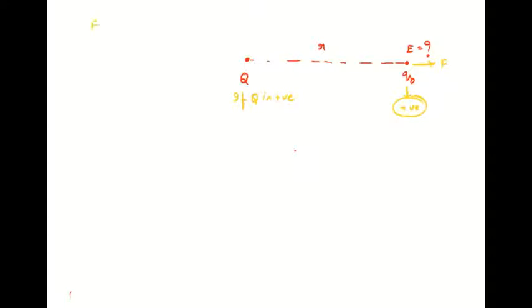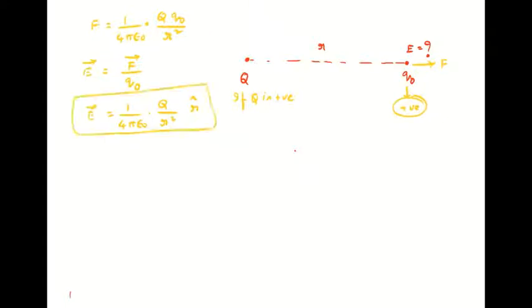Therefore, force F equals 1 by 4 pi epsilon naught, capital Q small q naught by r square. Then, by the definition of electric field, E bar is equal to F bar by Q naught. That means E equals 1 by 4 pi epsilon naught, capital Q by r square, into r cap. Here r cap is the direction of the unit vector from the charge at point O.